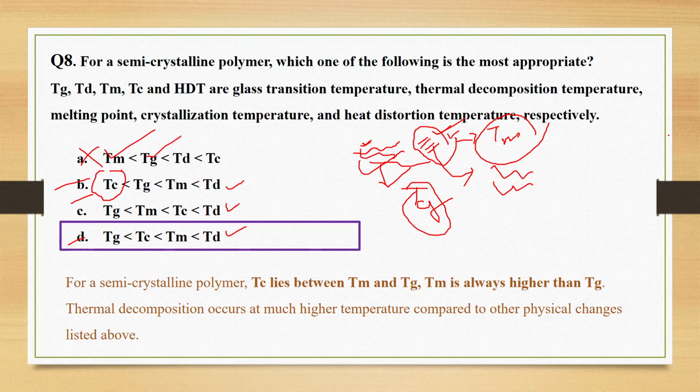Generally, if we look at the curve for temperature versus Tg and Tm, crystalline and non-crystalline state, we are generally decreasing the temperature and slowly reverting to different states of a polymer. But in case of crystallization temperature, we are trying to impose some crystallinity in an amorphous polymer from outside. So for that we give a certain amount of temperature.